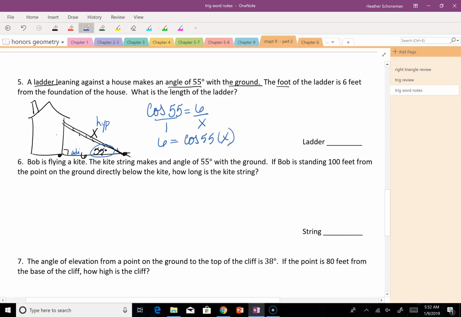So to solve, you're going to do 6 divided by cosine 55. So in your calculator, you're going to hit 6, the divided by button, and then in parentheses, cosine 55. So see what that gives you. Now this is side length, so we round to the nearest hundredth, so it should give you 10.46 feet.